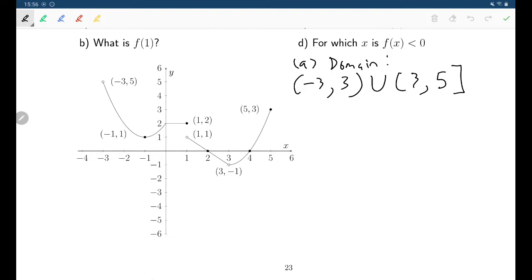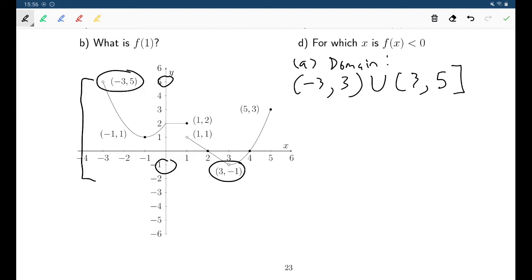For the range, this is just the set of all the y values that we observe. And if we're looking at our graph, you can see that there's graph going on for y values of -1 up to +5. However, the -1 as a y value is not included, because the point 3, -1 is not included. And 5 is also not included, because that point -3, 5 is not included.